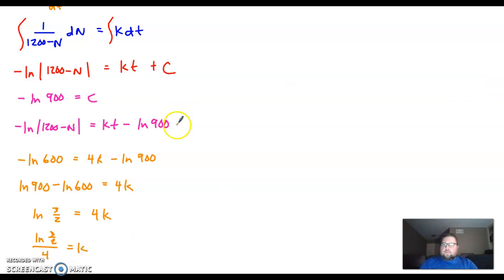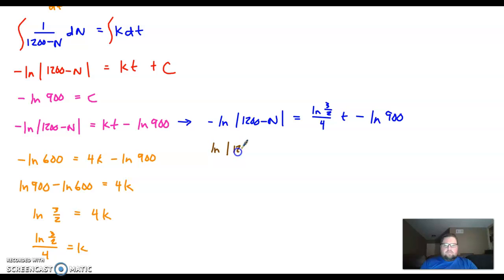All right, let's plug those back in over here. So negative natural log of 1200 minus n is equal to natural log of 3/2 over 4 times t minus natural log of 900. All right, now we need to get our n by itself. So we're going to multiply everything by -1 first. And then we're going to exponentiate to get rid of our log.